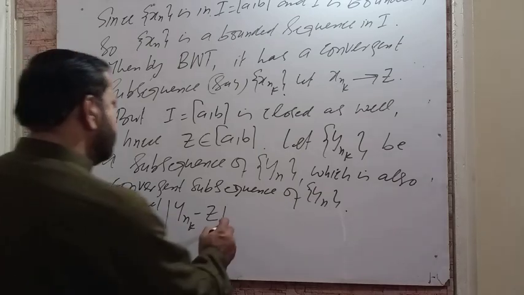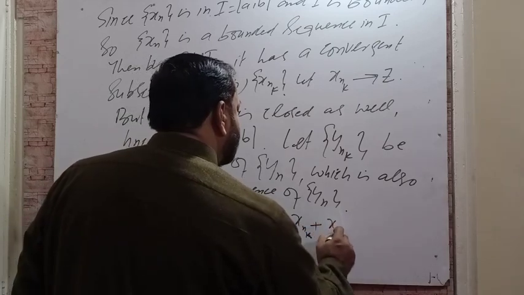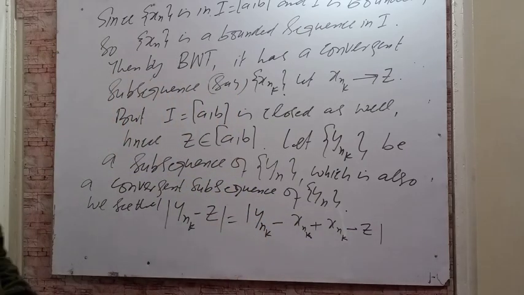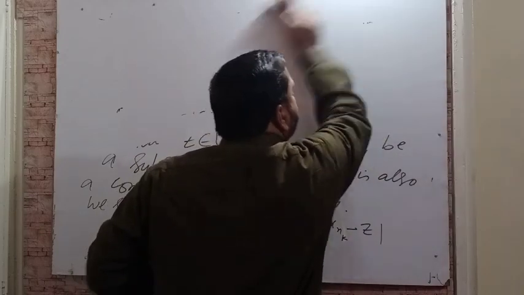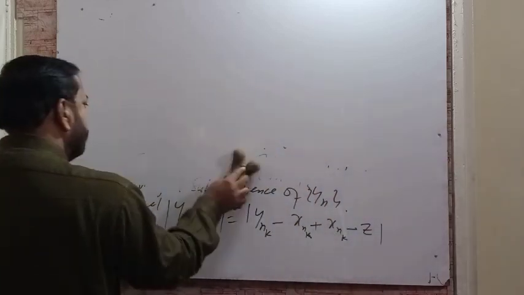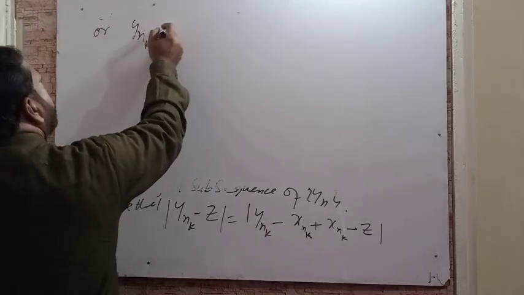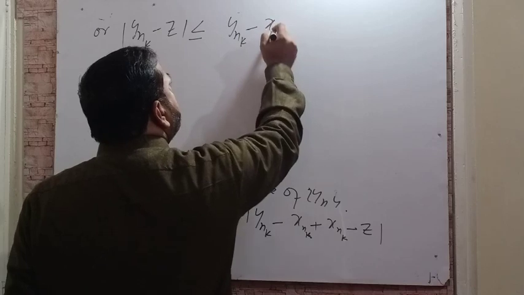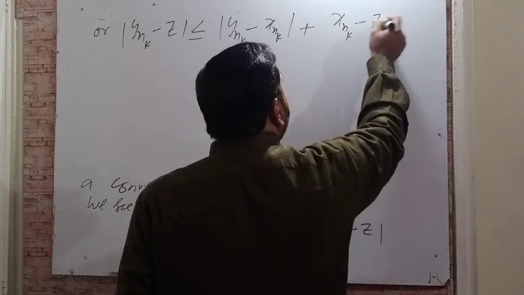You can write ynk minus z as ynk minus xnk plus xnk minus z, and so |ynk minus z| is less than or equal to |ynk minus xnk| plus |xnk minus z|.